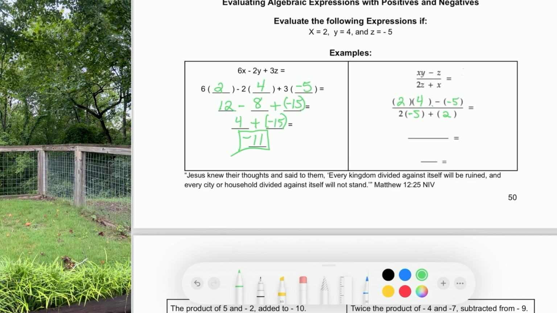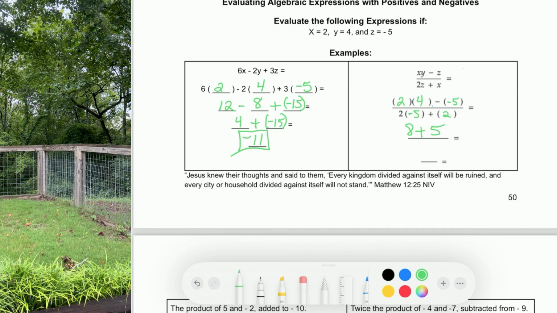All right, so we have 2 times 4, which is 8. And then we have this area here that I'm going to go ahead and do the keep, change, change. I'm not solving it, I'm just going ahead and changing it. So that becomes a plus 5 in the top.